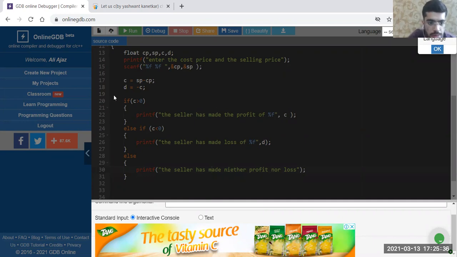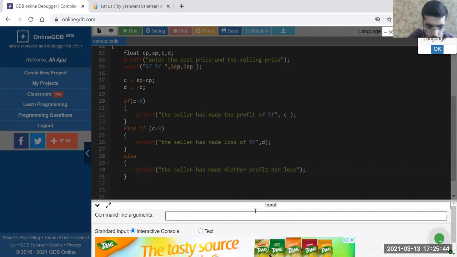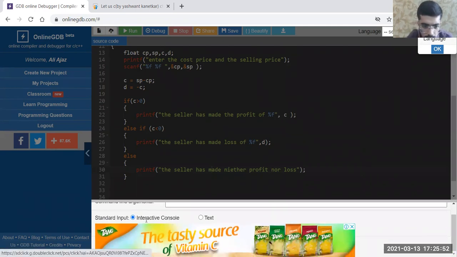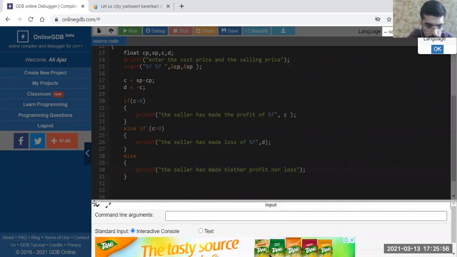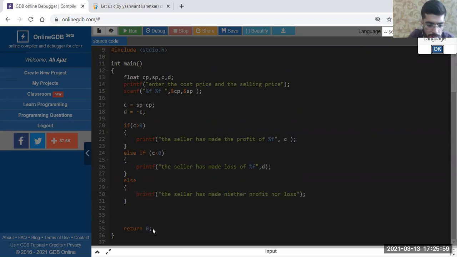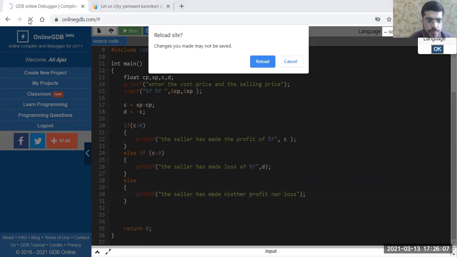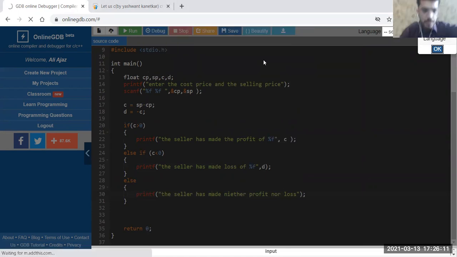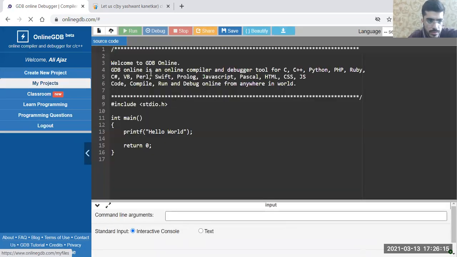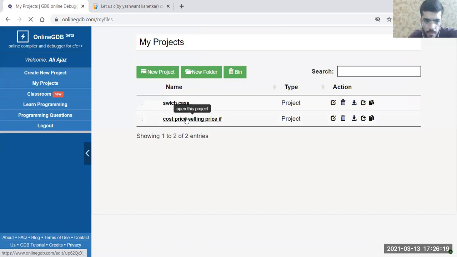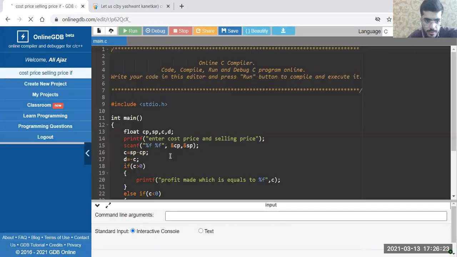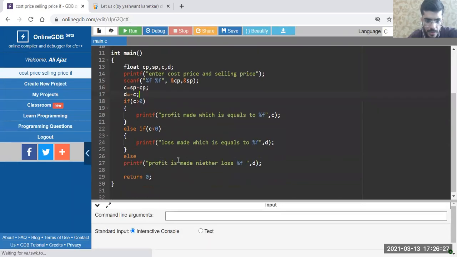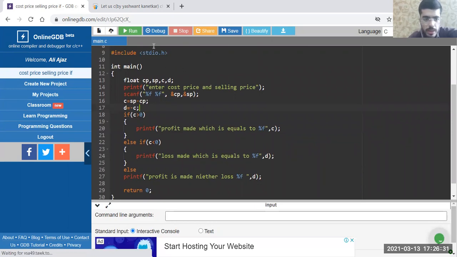Let's see what happened. Here we go. Okay, so let's load the program into the memory.